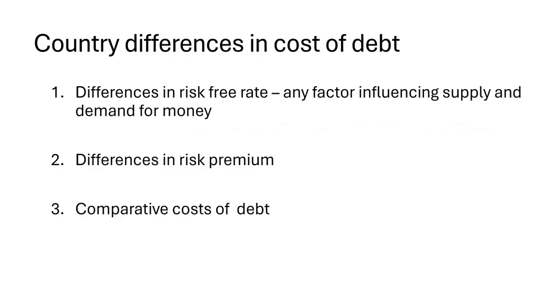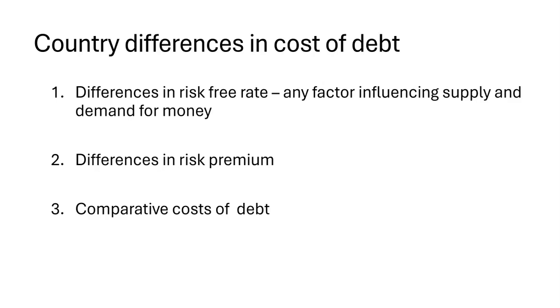Now, the cost of debt, and remember, debt is borrowing money, that is going to differ from one country to another because of interest rates. Now, again, remember, at this point, you should be feeling comfortable with the idea that there's so many different interest rates. But if we're talking about the risk-free interest rate, if there were no risk involved, what would the interest rate be?